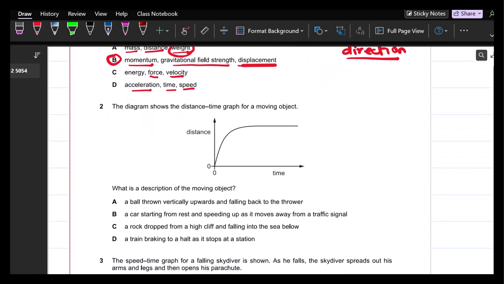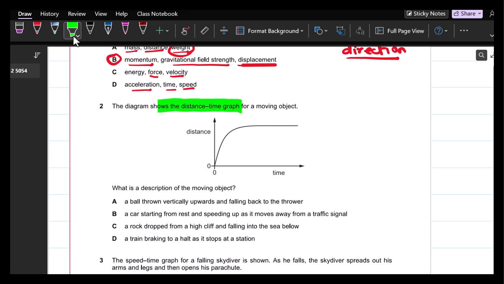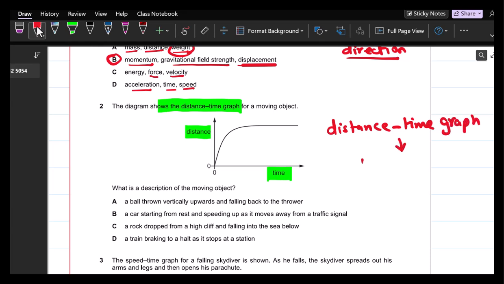Moving to question number 2. The diagram shows a distance time graph. You can see here on the vertical axis distance is given, on the horizontal axis time is given. If you remember, if we are given a distance time graph, if you find the gradient here, you will get the speed. Remember this.